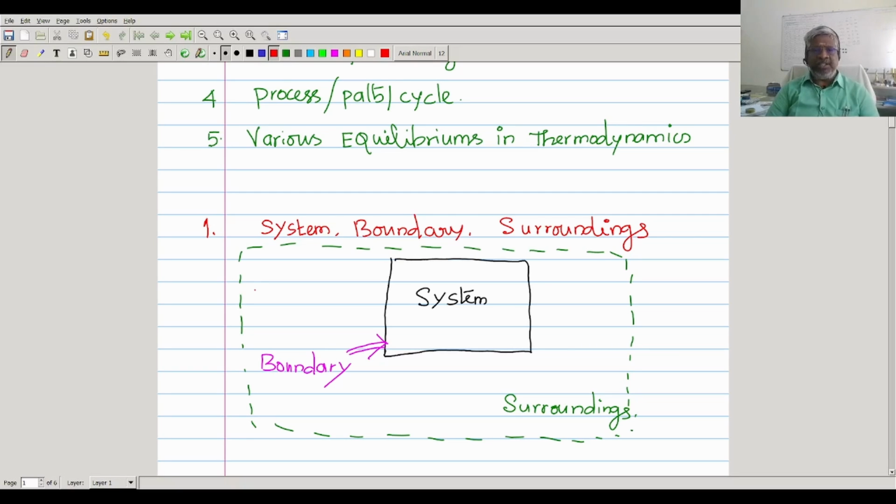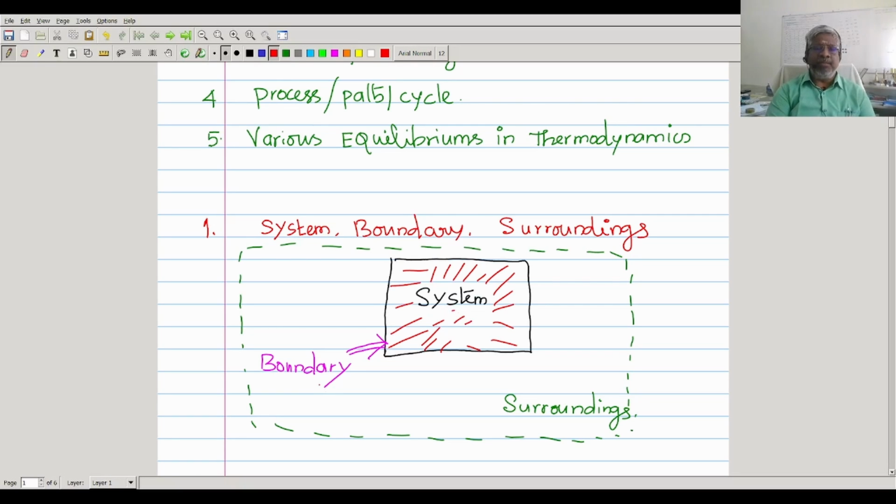By definition, what is a system? A system is nothing but a definite quantity of matter. Here, I have just marked it as a black box. This is a definite quantity of matter, and whatever matter is within this, we call it a system.